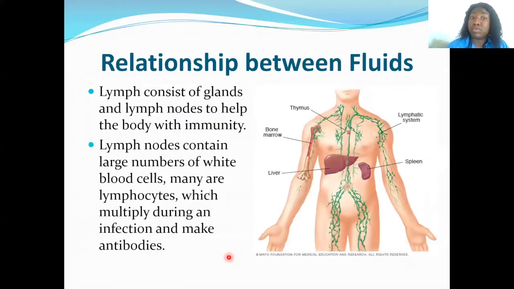Okay, so we're now at lymph. So the lymphatic system consists of glands and lymph nodes to help the body with immunity. Sorry, that should be the lymphatic system. The lymph nodes contain large numbers of white blood cells, many of which are, of course, lymphocytes, which multiply during infection and make antibodies.